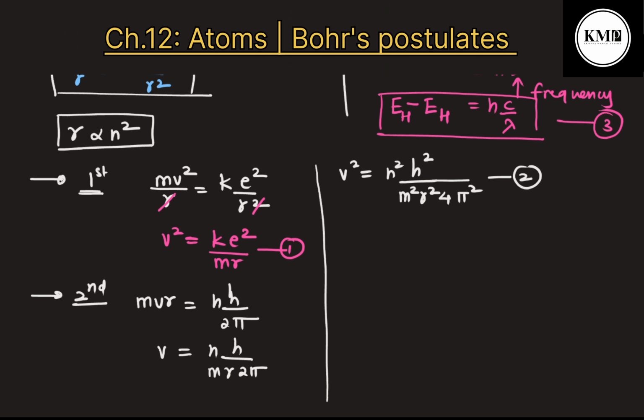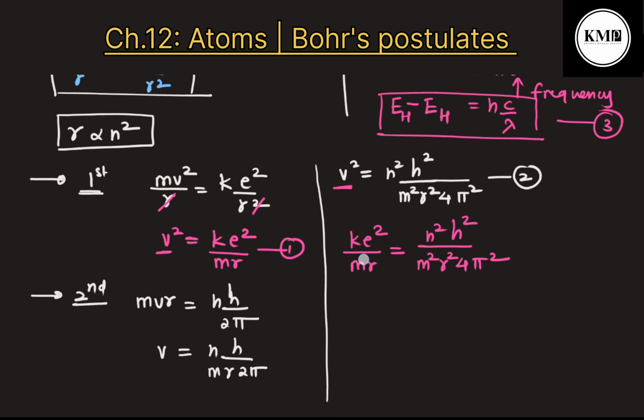If we compare equations 1 and 2, we will find v square and v square are the same. As a result, I can write k e square upon m r will be equal to n square h square upon m square r square 4 pi square.